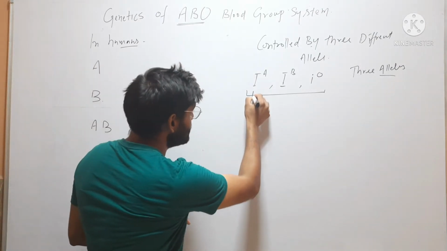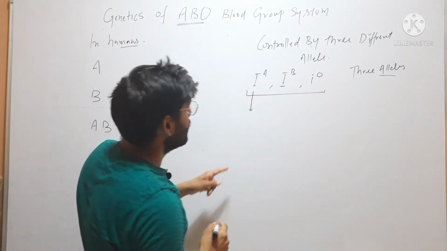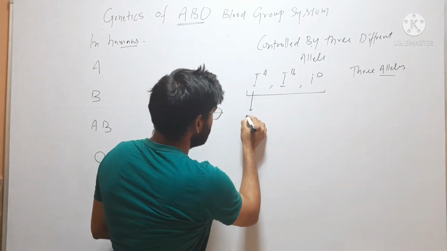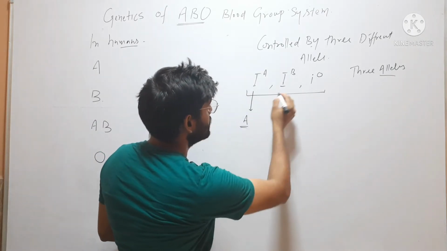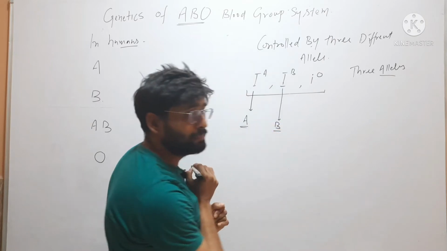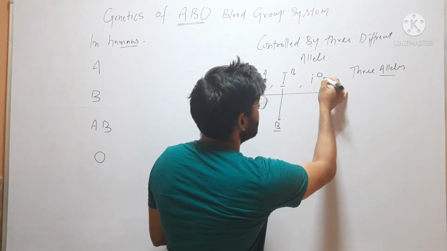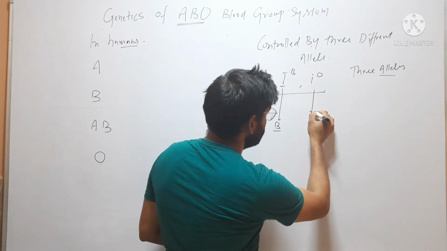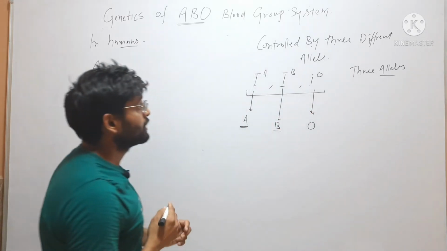So this IA allele codes for A blood group, this IB allele codes for B blood group, and this small i naught allele codes for O blood group.